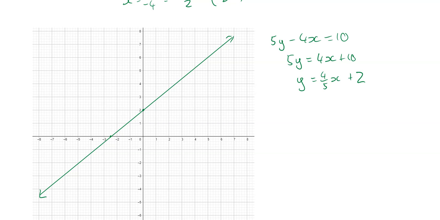And my y-intercept is 2, which I can see it is. So if I picked that point there and this point here, because they're nicely going through 2 intersections, rising by 1, 2, 3, 4, and running by 1, 2, 3, 4, 5. It works. Great, the gradient is correct. And that's it. Any questions? Nope, we're done.